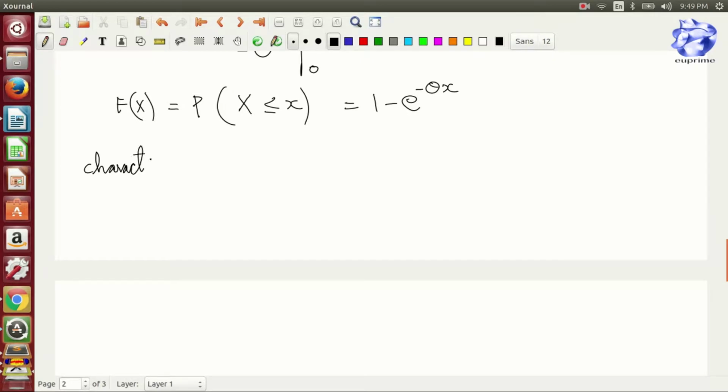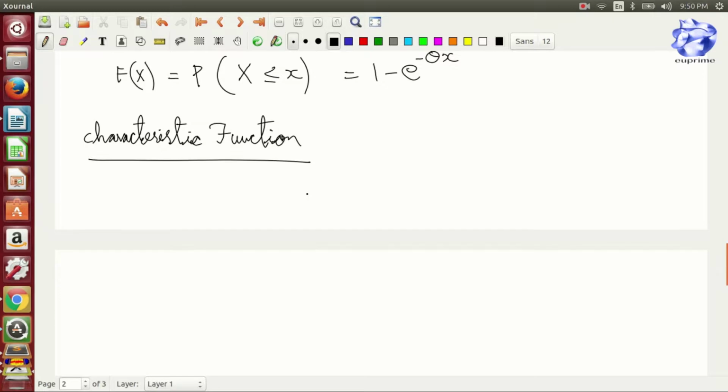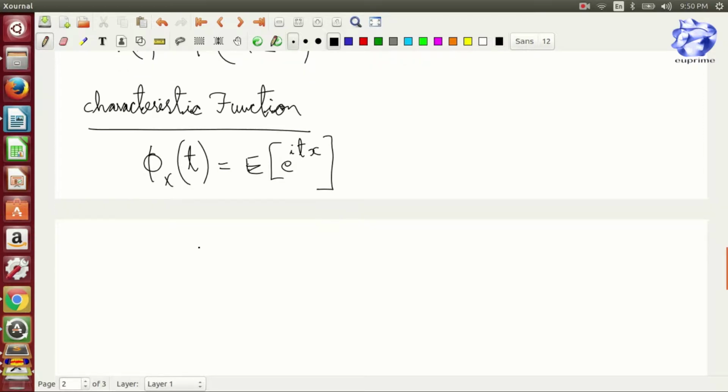We move on to find the characteristic function phi x of t, which is the expectation of e to the power itx, where i is the complex variable.